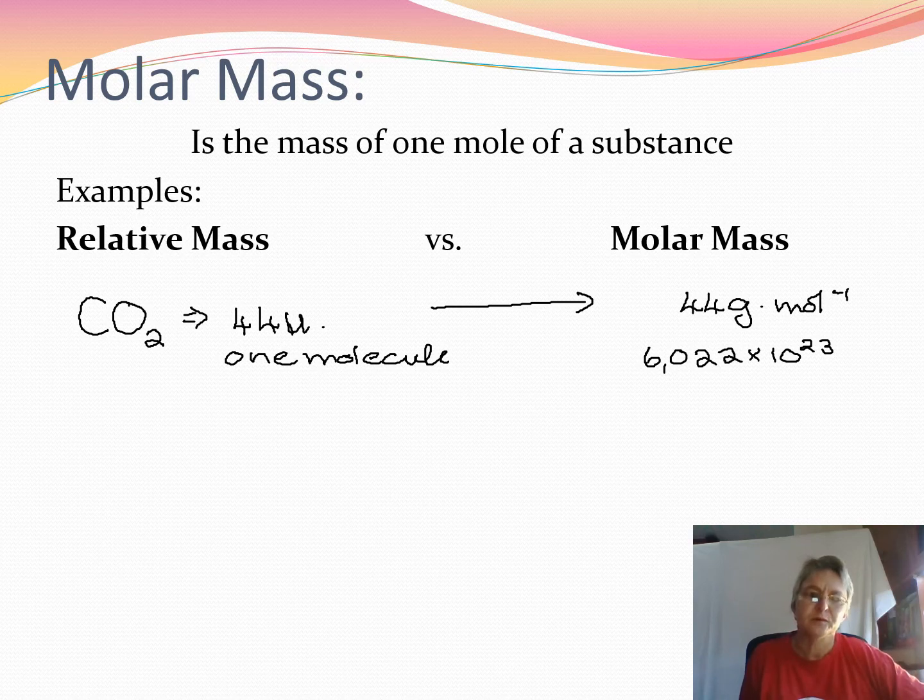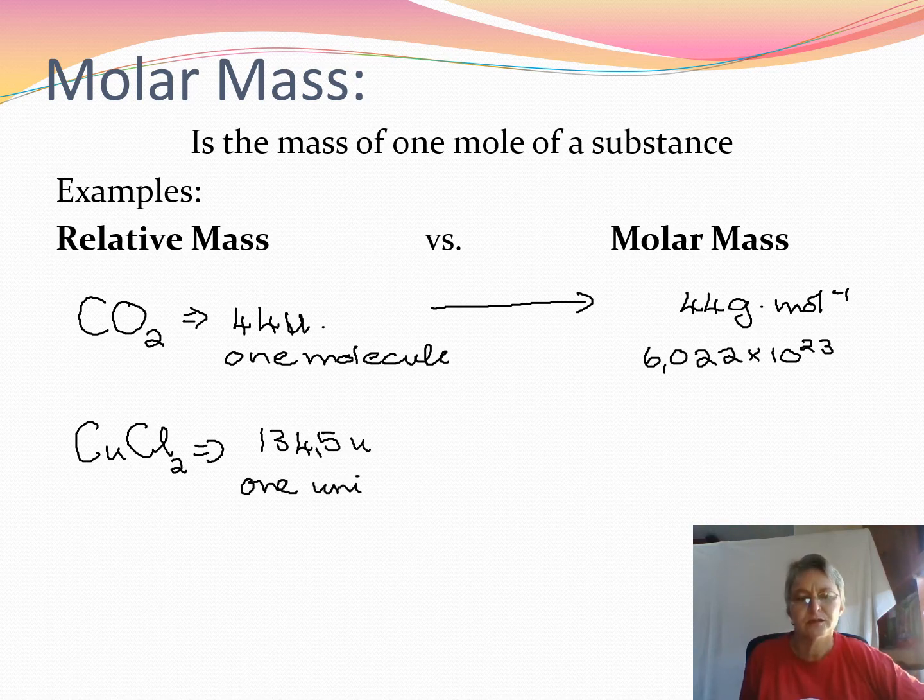The next example, copper chloride, we had the relative mass is 134.5 atomic mass units. That is for 1 unit. Now the molar mass for that would be 134.5 grams per mole. Easy.